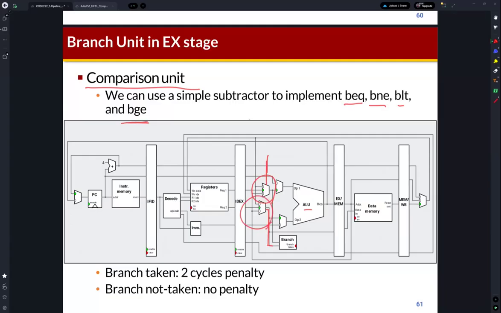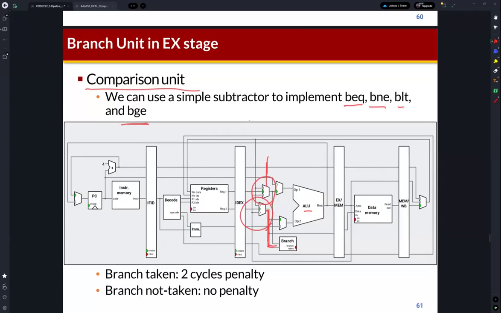The outputs of the data forwarding multiplexers are given to the branch unit. If the branch unit is in the EX stage, then we can make use of the data forwarding path in the pipeline architecture. Then what is the penalty? What are the wasted cycles by a taken branch?